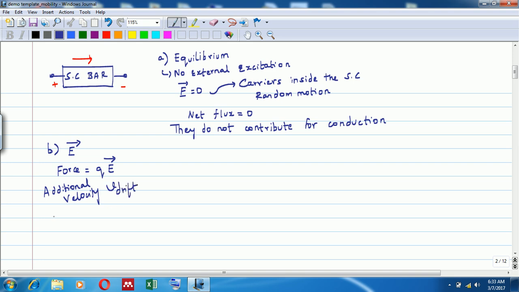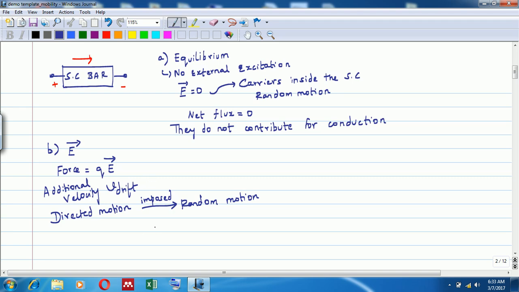So here it is a directed motion which is imposed on a random motion. This directed motion is because of this applied electric field, and hence the carriers experience a force and gain an additional velocity which is known as the drift velocity.